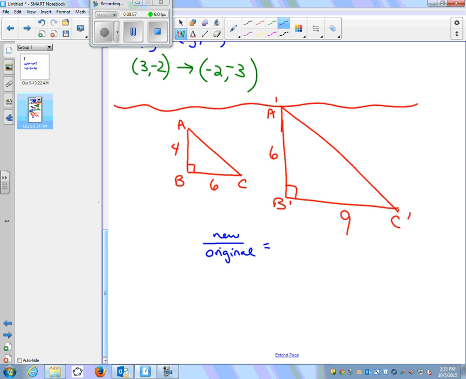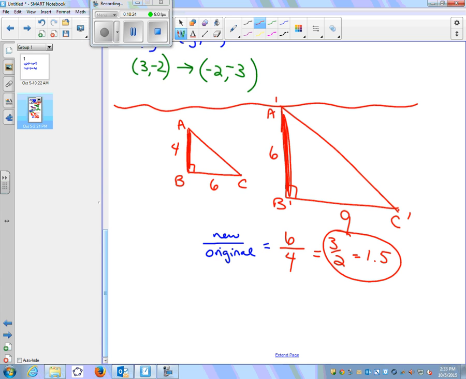So in this case, the original, let's take the side of 4, becomes a side of 6. So the scale factor is 6 over 4, or 3 over 2, or 1.5. With a scale factor of 1.5, would we expect this to get bigger or smaller? Bigger, and did it? Yes.